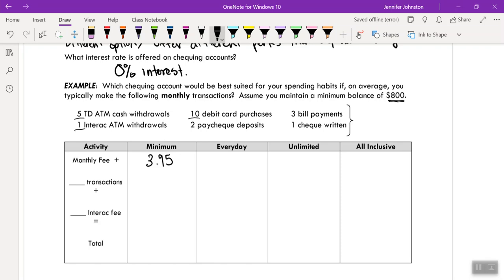Another Interac ATM, so that's one more transaction. Then 2 paycheck deposits, those are also transactions, 3 bill payments, also transactions, and 1 check written, another transaction. Right, so let's count them all up. 5, 15, 18, 19, 20, 22. It looks like there are 22 transactions here.